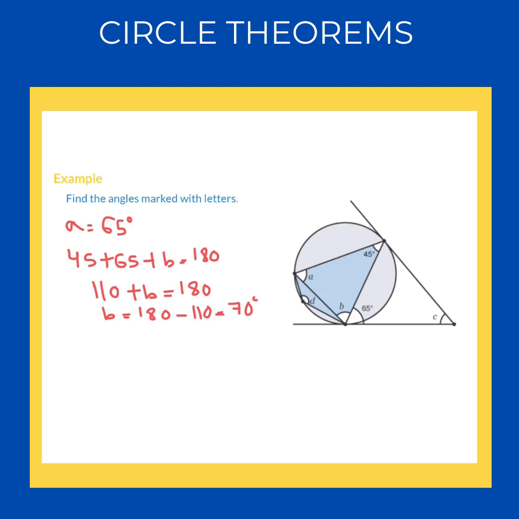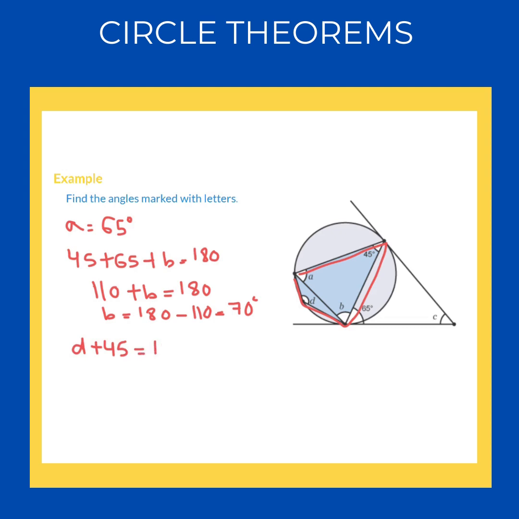Now, this quadrilateral is a cyclic quadrilateral. Why? Because all the corner points touch the circumference of the circle. So opposite angles in a cyclic quadrilateral add up to 180 degrees. So 45, its opposite angle is D. So D plus 45 is equal to 180.